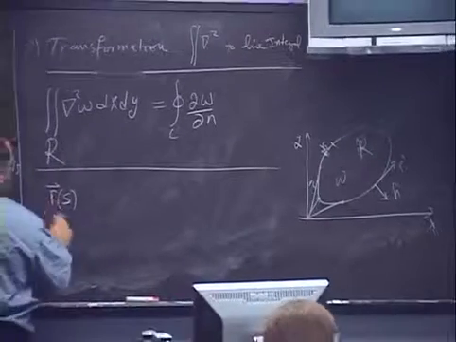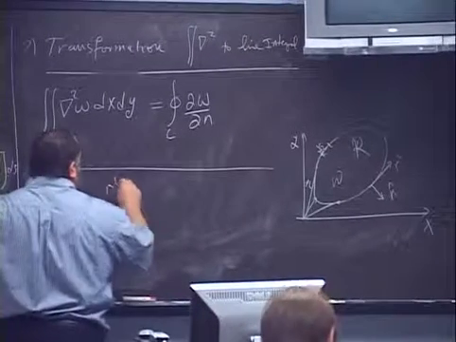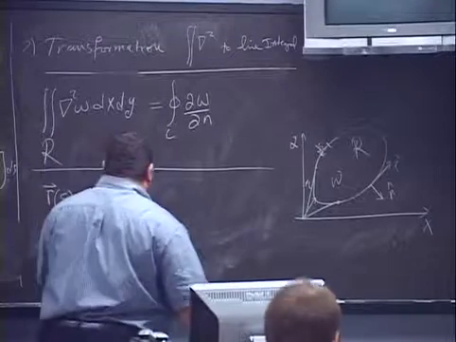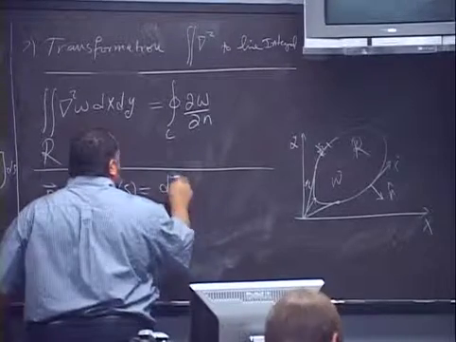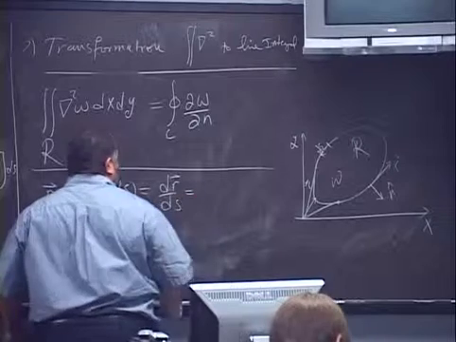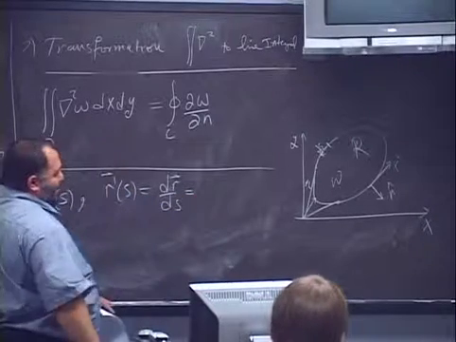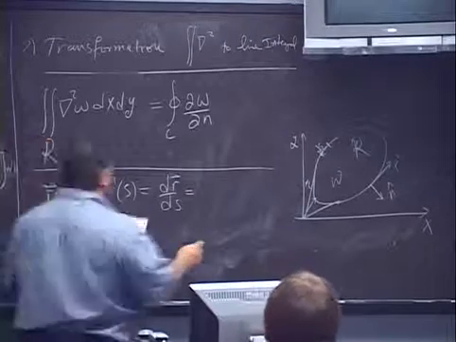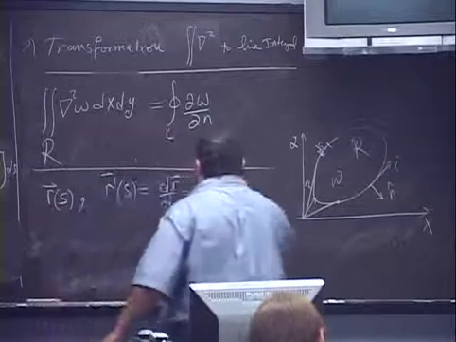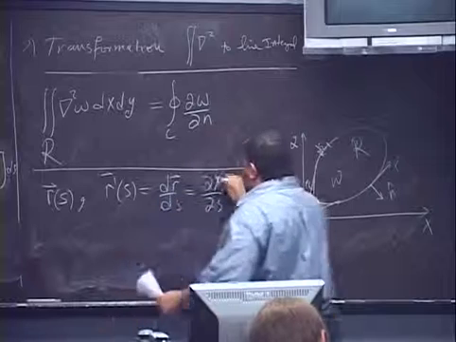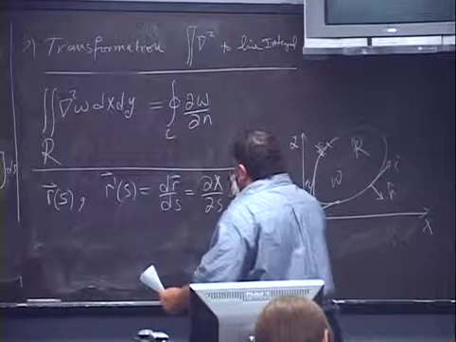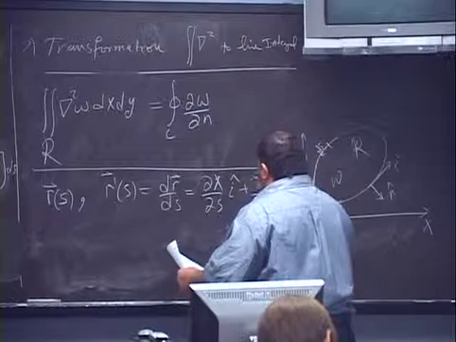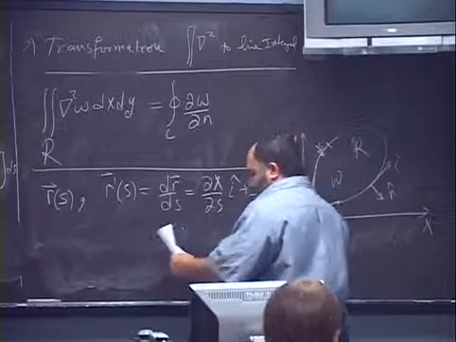So if you differentiate this, r prime of s will be dr by ds, and this is equal to, r has two components, x and y, yes? So this will be dx by ds in the i direction plus dy by ds in the j direction.